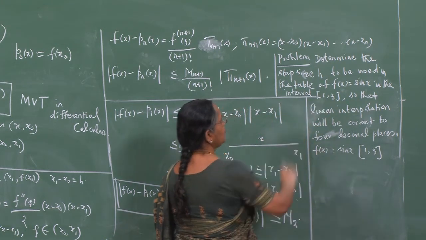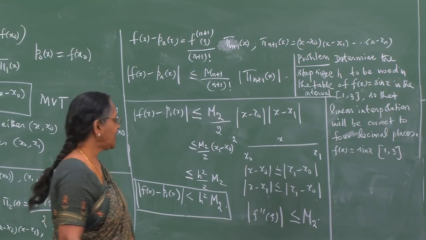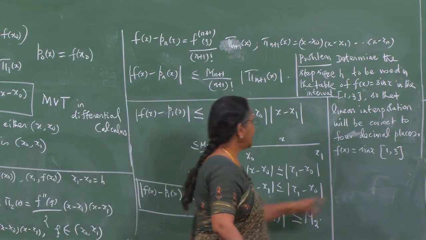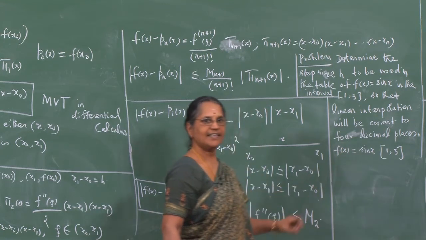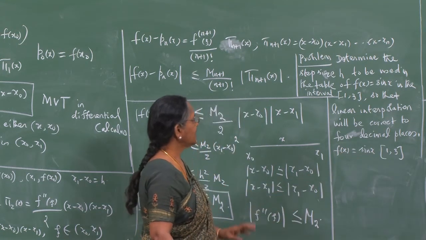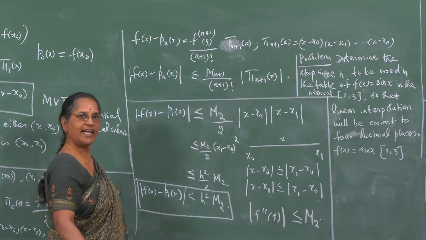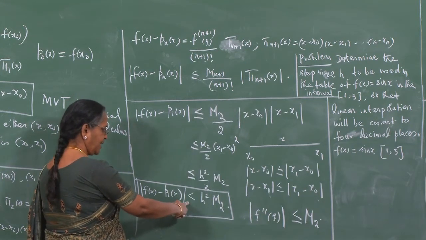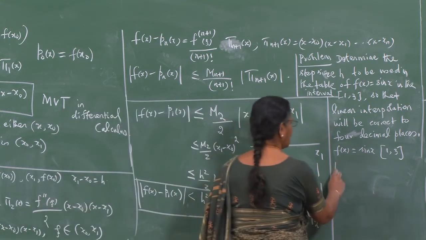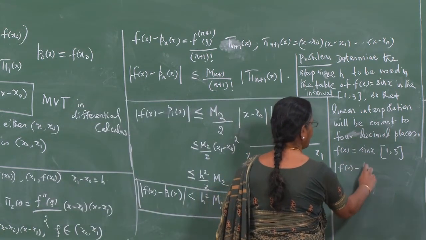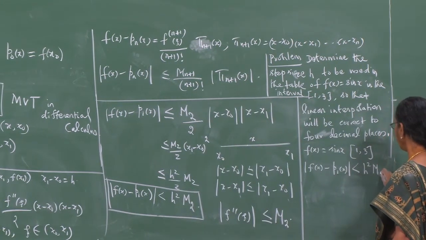And we want to find out the bound on the error in such a way that the linear interpolating polynomial that interpolates the function f of x is such that the result must be correct to 4 decimal places. We already have computed the bound on linear interpolation error. So, we shall make use of this. So, f of x minus p1 of x is less than h square into m2.